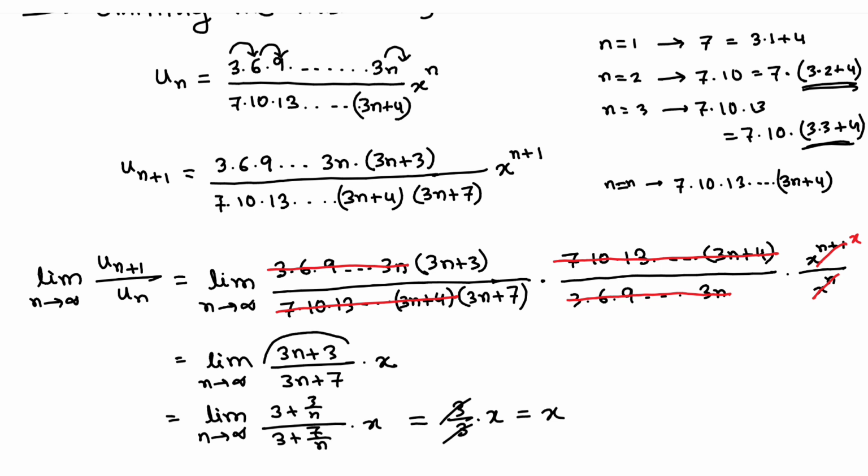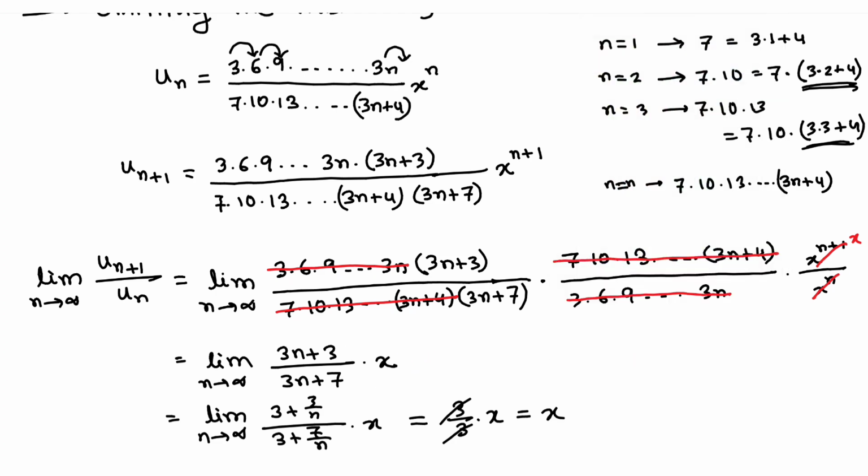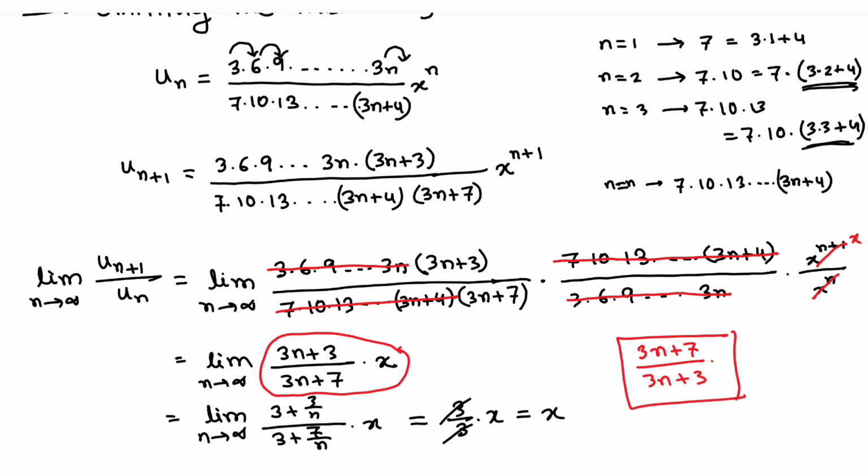This one, 3n plus 3 by 3n plus 7 into x. Yes or no? This is the result. Now we need un by un plus 1, so this will be reversed, na? 3n plus 7 divided by 3n plus 3 into 1 by x, but x equals 1. So the result is 3n plus 7 divided by 3n plus 3. Just put these values.